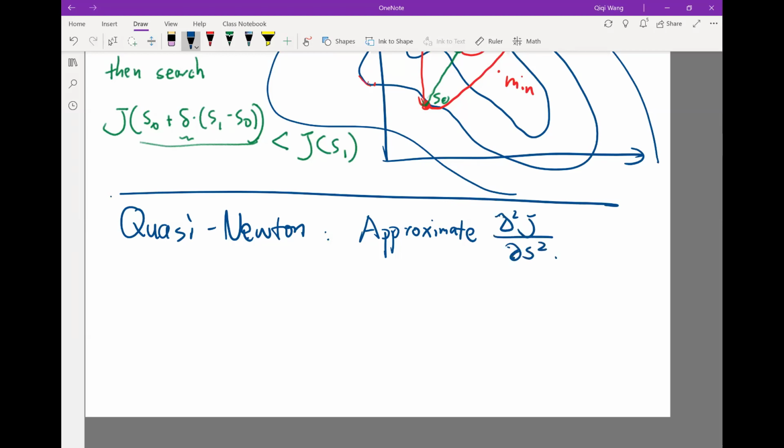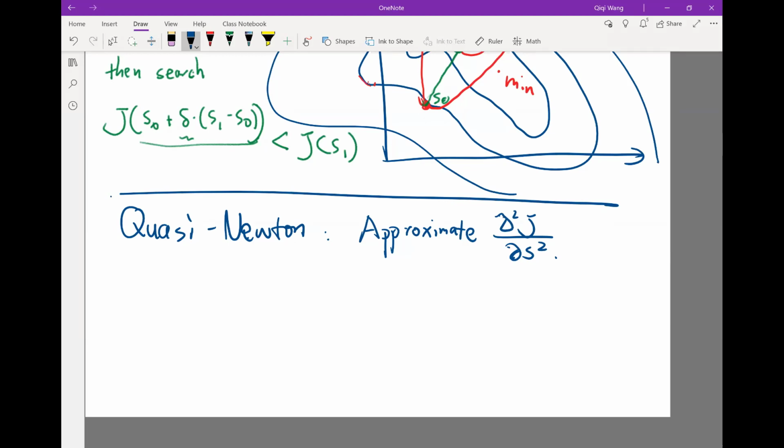So there are schemes that use a series of gradients to do finite difference approximations to get an approximation of the Hessian, for example. That's one of the most popular quasi-Newton methods out there to use.